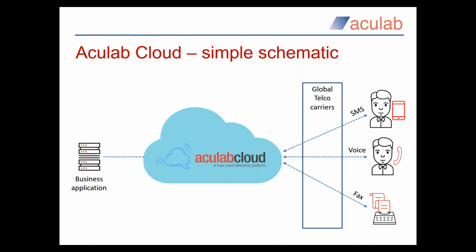So in terms of what we provide, there's the core media processing functions. These are hosted on Amazon's AWS network in multiple locations around the world. We provide inbound and outbound telecom capabilities, voice, SMS, and fax, at wholesale rates provided by telco partners that we have.